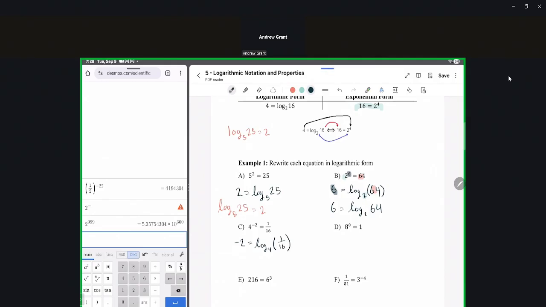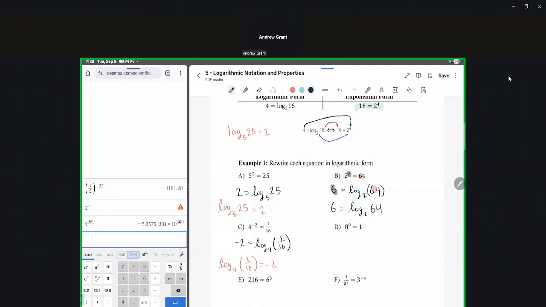Here it's actually appropriate to put brackets around the fraction, because if you write negative 2 equals log base 4 of 1 over 16, sometimes your 1 over 16 can start to drift downwards. So it is proper etiquette to put brackets around there. And if you so wish, you could write this as log base 4 of 1 over 16 is equal to negative 2.